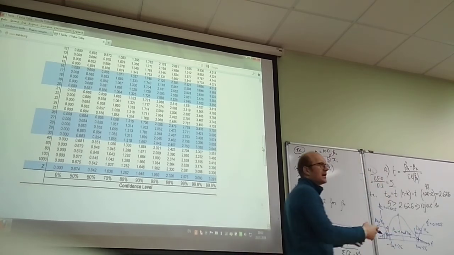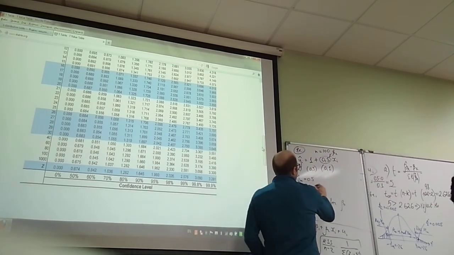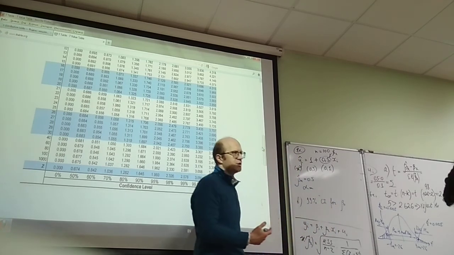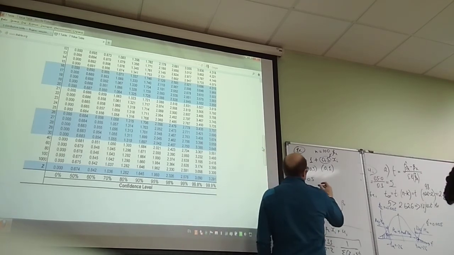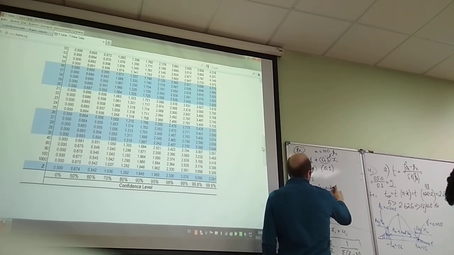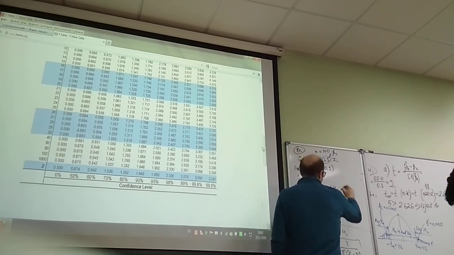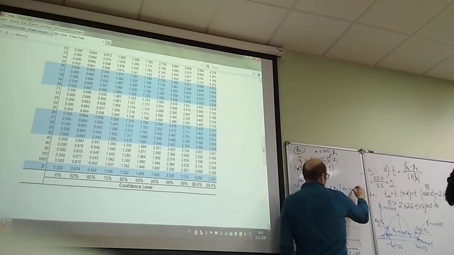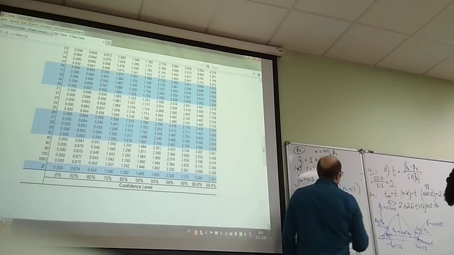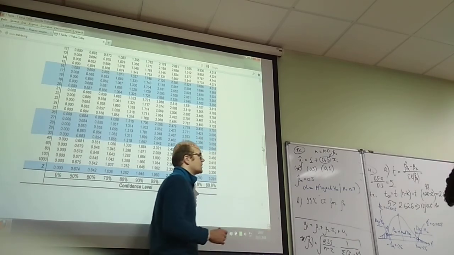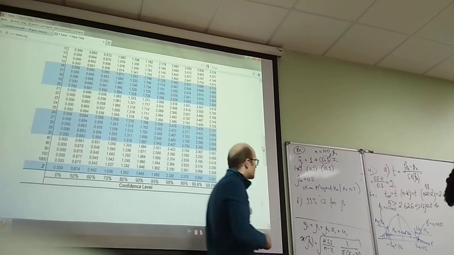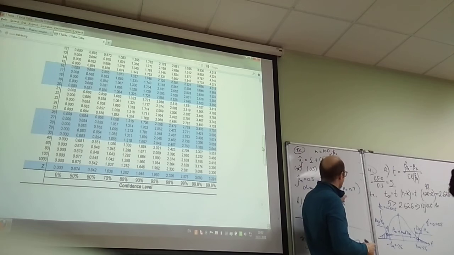And the total area, what is alpha? Alpha is the total area of rejection region. So it's the probability of rejecting each null if each null is true.